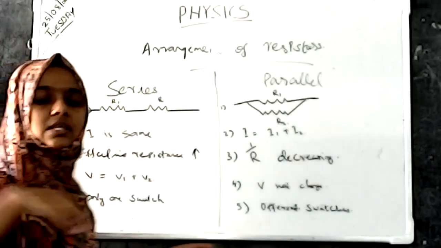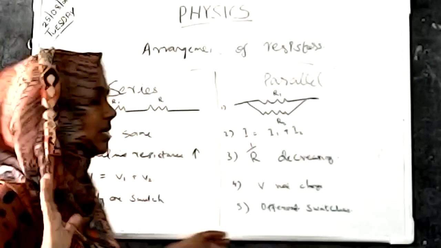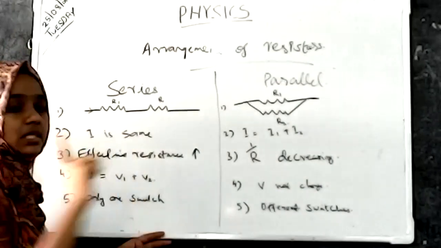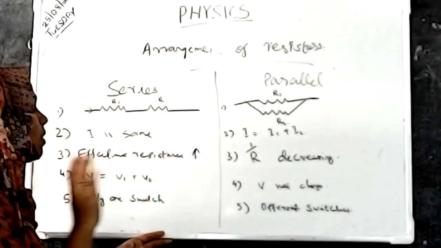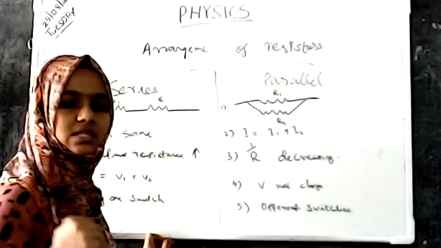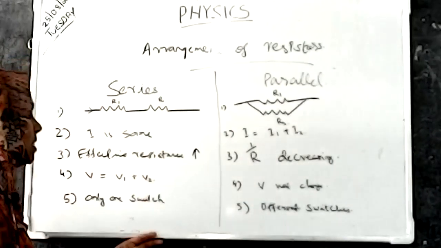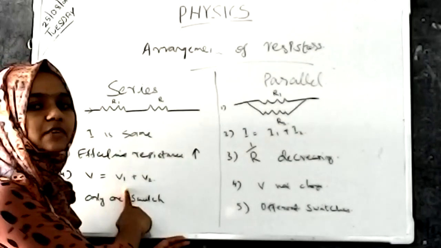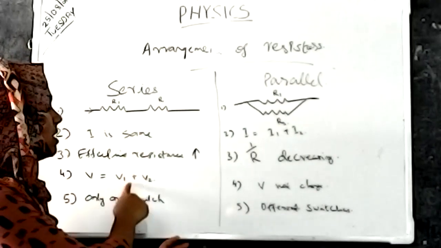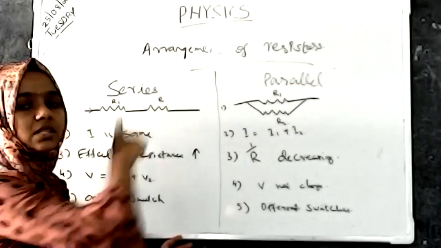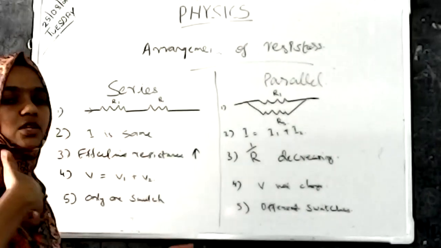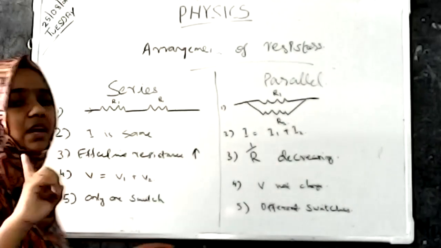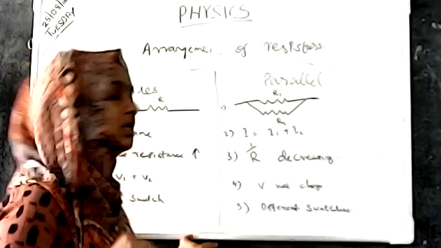If the number of resistors is more than 2, the current is still the same, and the effective resistance increases. V is equal to V1 plus V2, that is the potential difference is changing, and it is based on the number of resistors. As the number of resistors increases, the potential difference also increases, and only one switch is needed to work all the resistors.